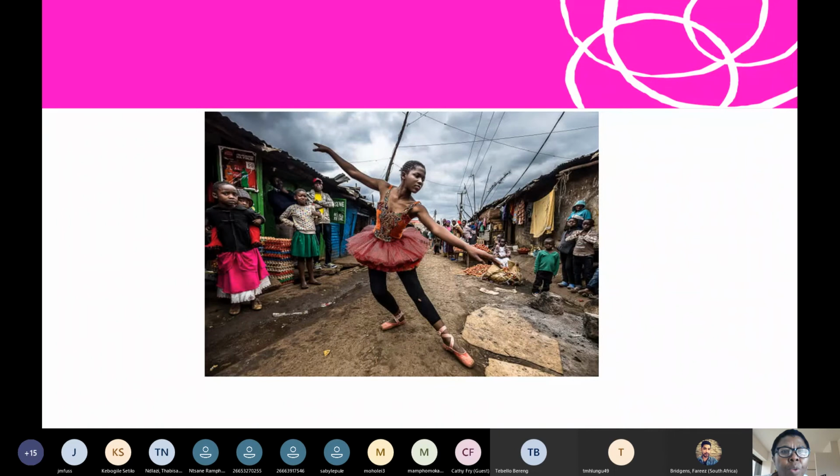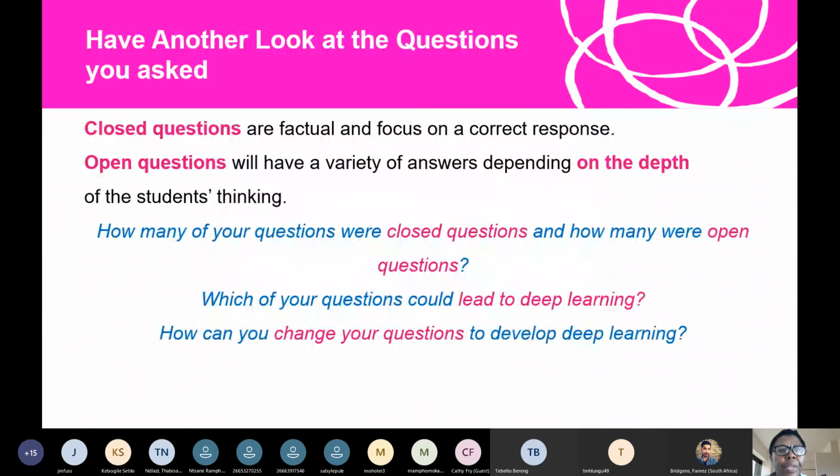But one of the things that we need to understand is when we ask questions, there are two types of questions. Closed questions are questions that require one answer or two answers, or they require a yes or a no. They are factual and just focus on the correct response.